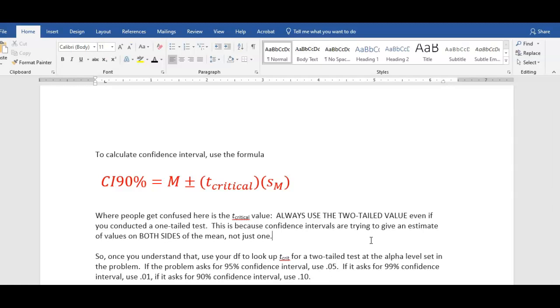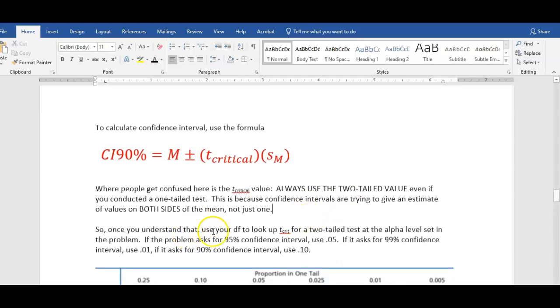Because confidence intervals give an estimate of values on both sides of the mean, the range of scores for the mean that we might expect to see if we run this test again. So we want to look at both tails. Even if you run a one-tailed test for your hypothesis test, always, always, always use the two-tailed value for the confidence interval. If I ever see mistakes in confidence intervals, it's because people used the wrong critical value for t. So that's my helpful tip.